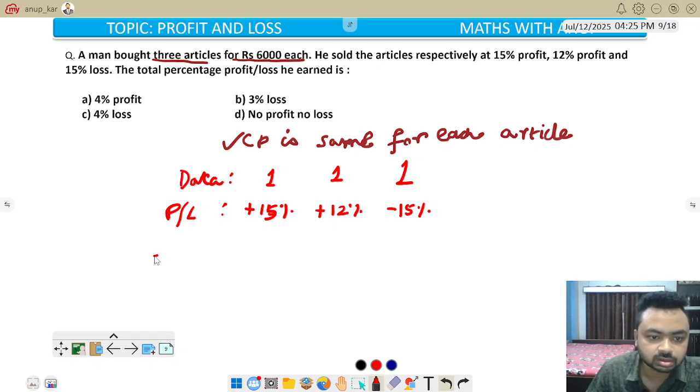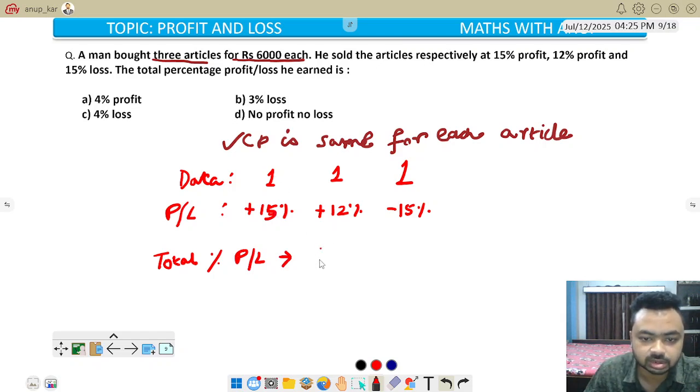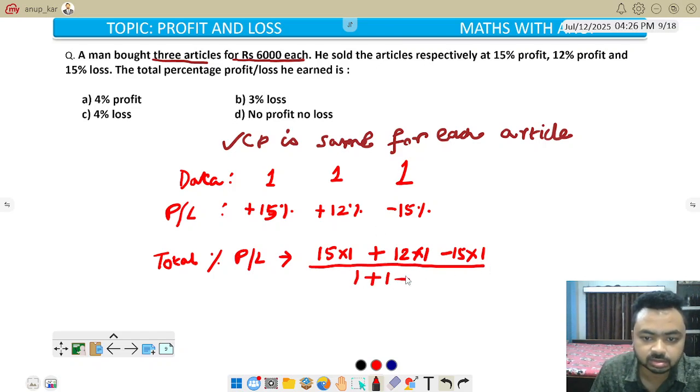So the total percentage profit or loss we earn is equal to how much? Using the weighted average concept, 15 into 1 plus 12 into 1 minus 15 into 1, divided by 1 plus 1 plus 1.